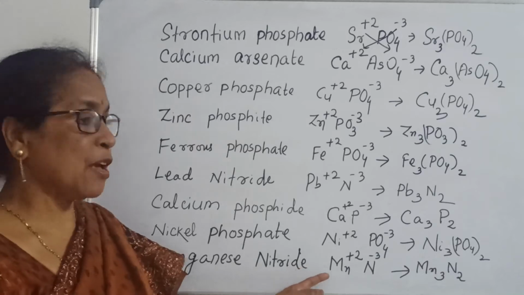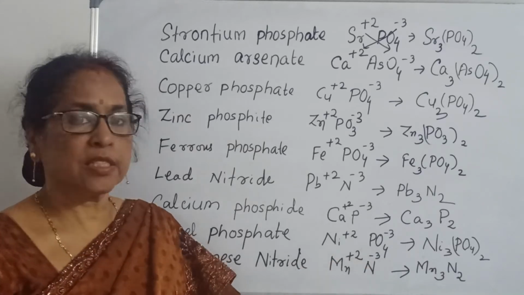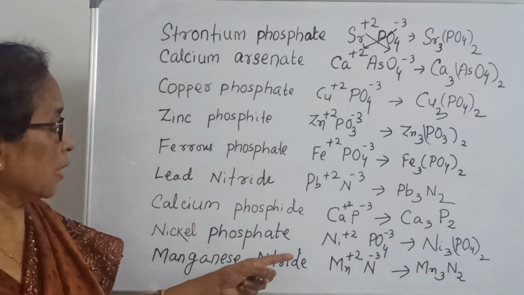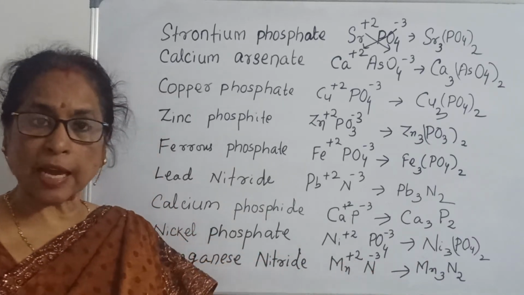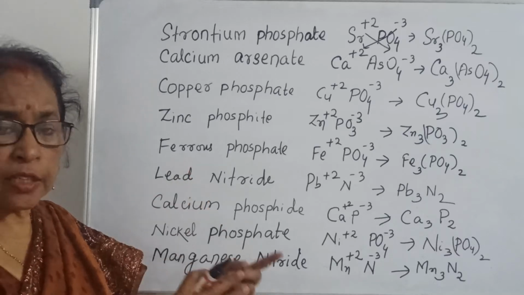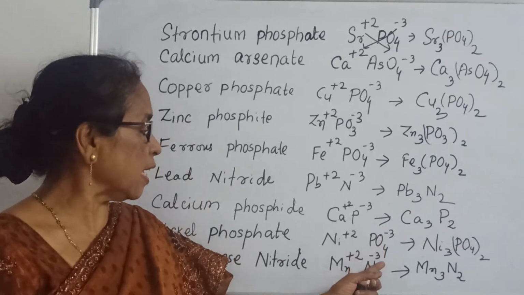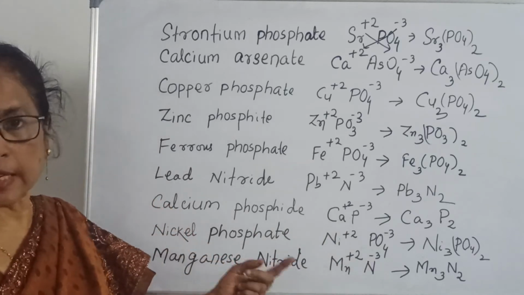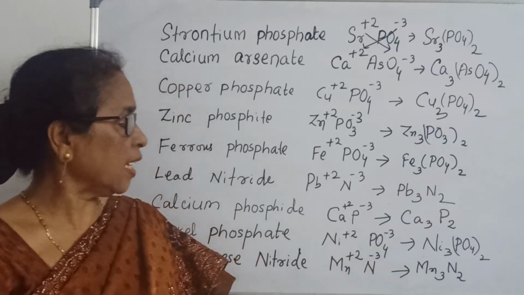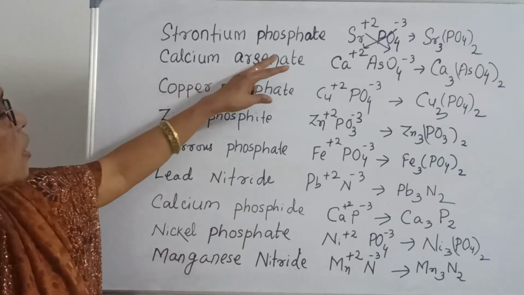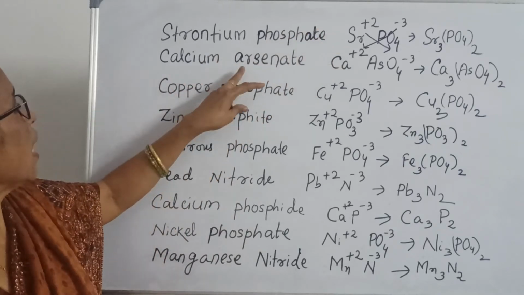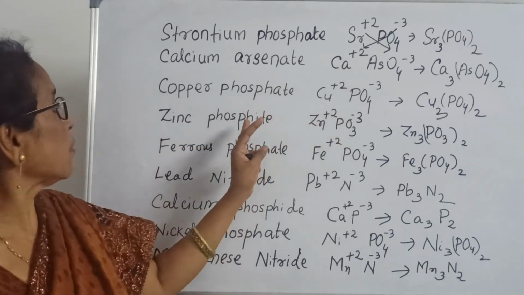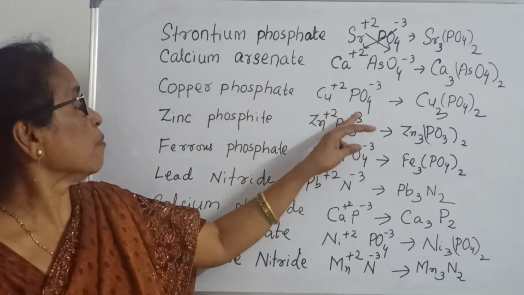Manganese nitride, Mn plus 2, N minus 3. So it comes to Mn3N2. Why? Because for nitride the charge is minus 3, so 3 comes to manganese and 2 comes to nitrogen, the nitride.